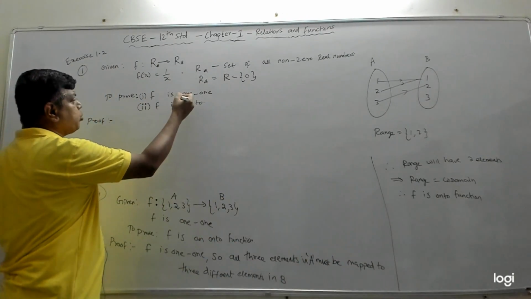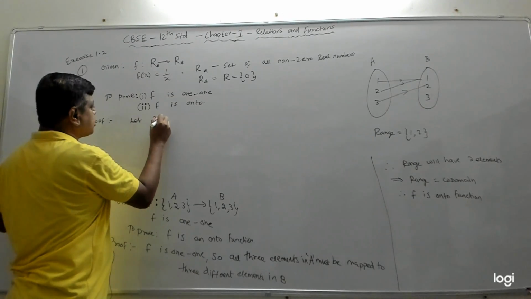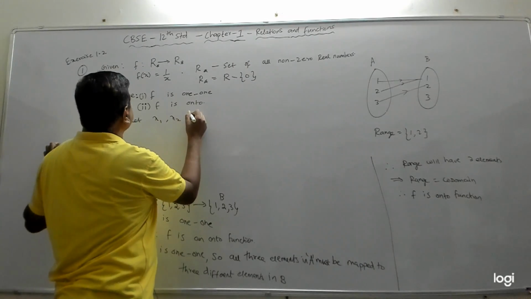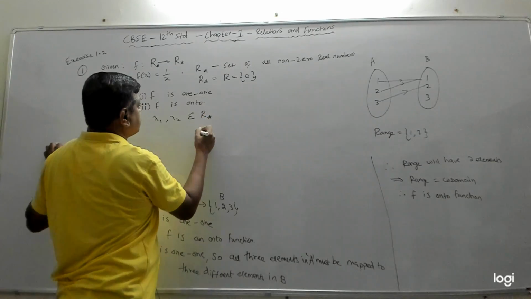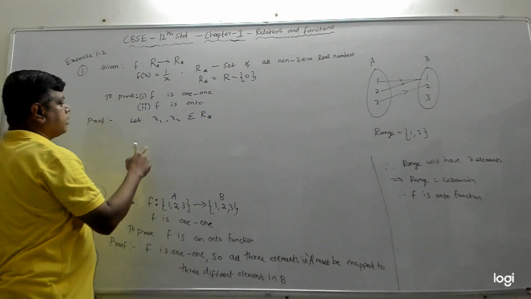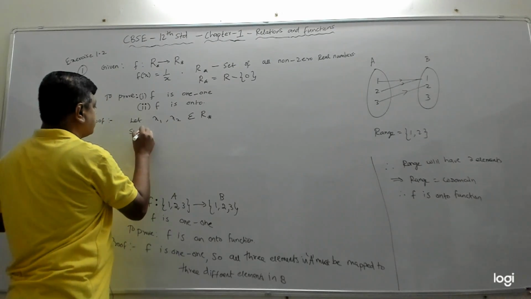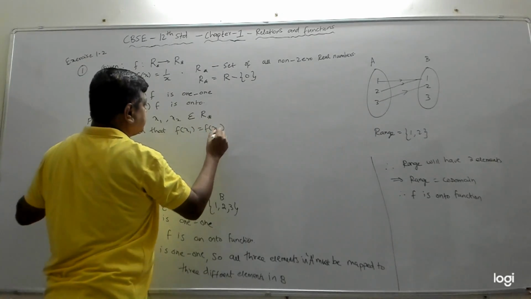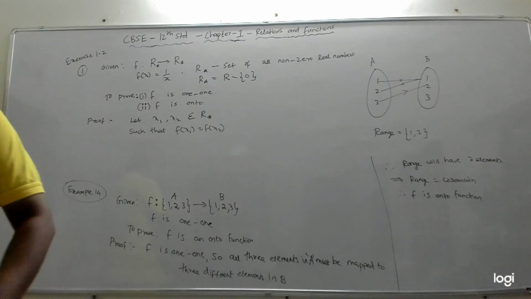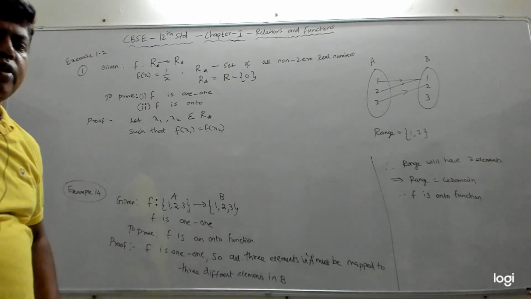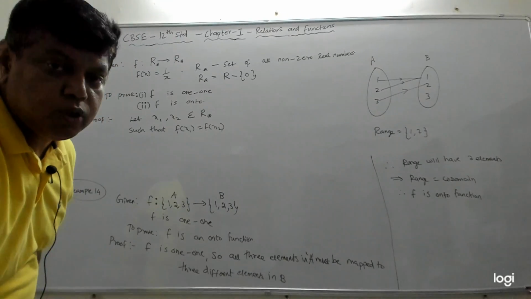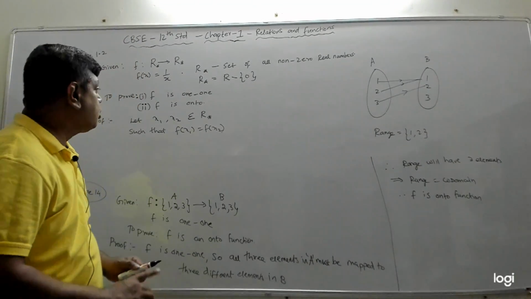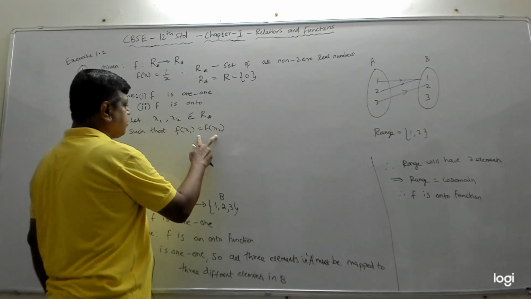Let x1, x2 belonging to R star, where R star is the set of all non-zero real numbers, such that f of x1 equal to f of x2.